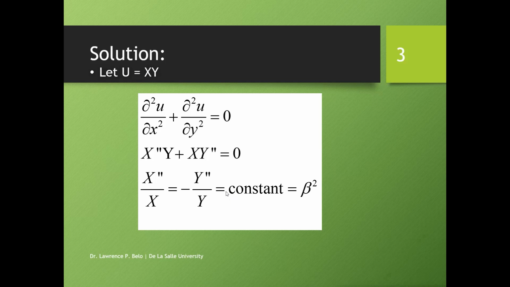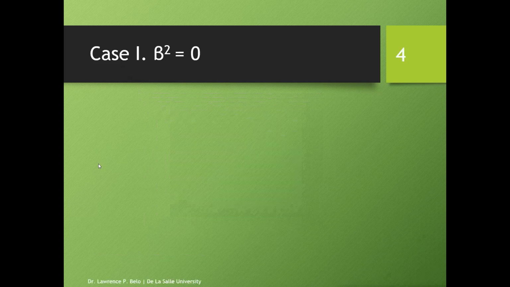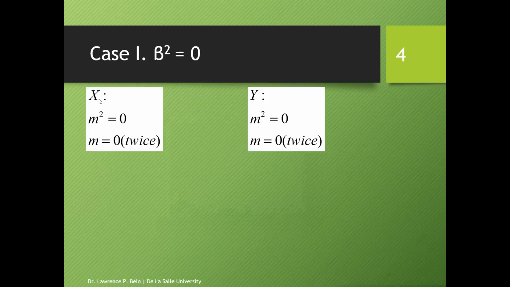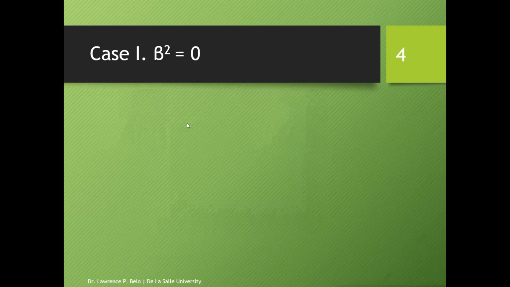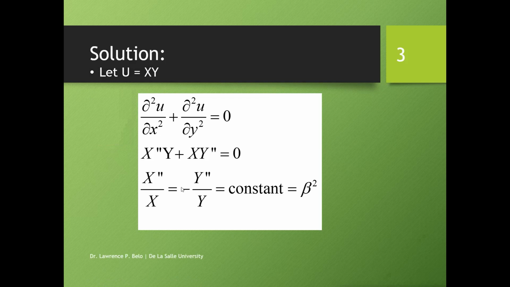Now that you have this, we will apply the three cases. Let's do the first case: m equals 0 twice, because beta squared equals 0. Here, take note, y double prime over negative y.